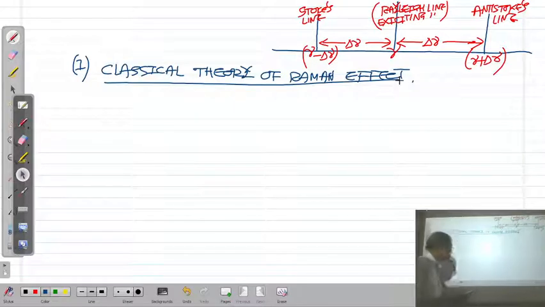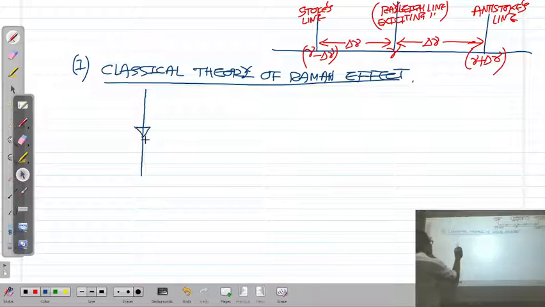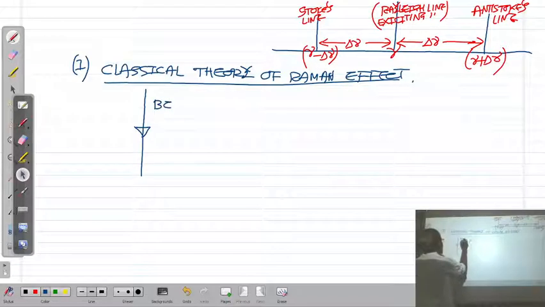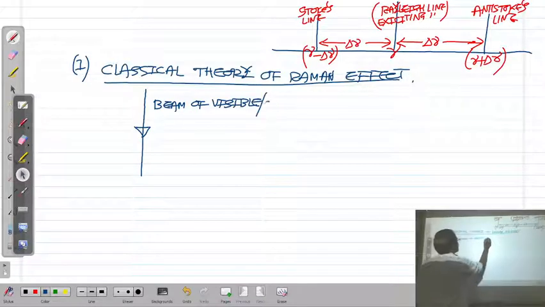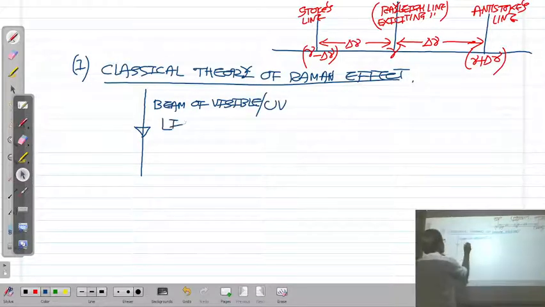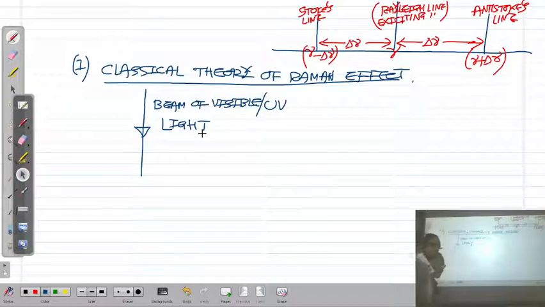Okay. Now, see, when a beam of visible or ultraviolet light is falling on the molecule.